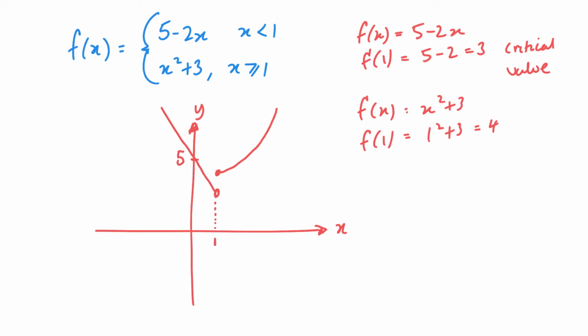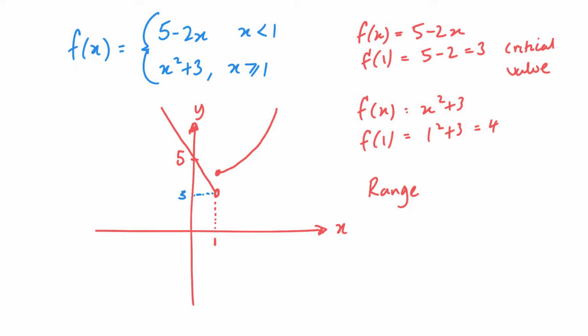Now, what's my range? In this graph, my range is the set of y values that this will take. So it's from here up. If you remember, this point is at y equals 3.